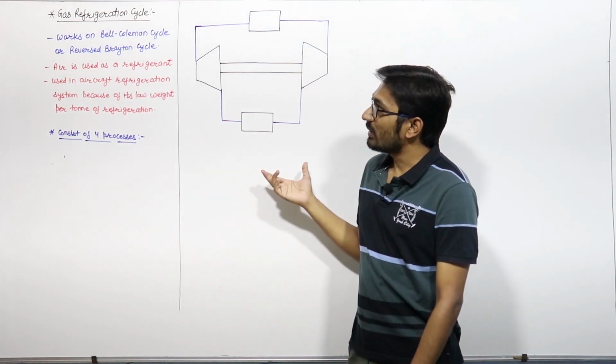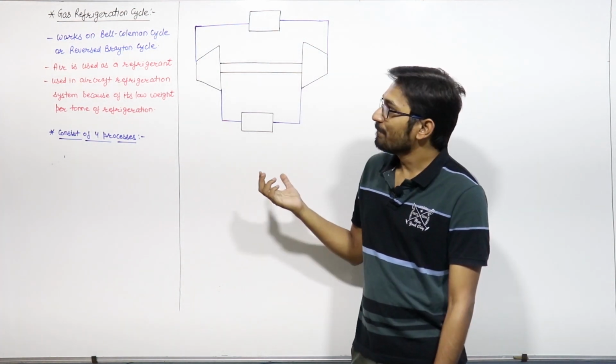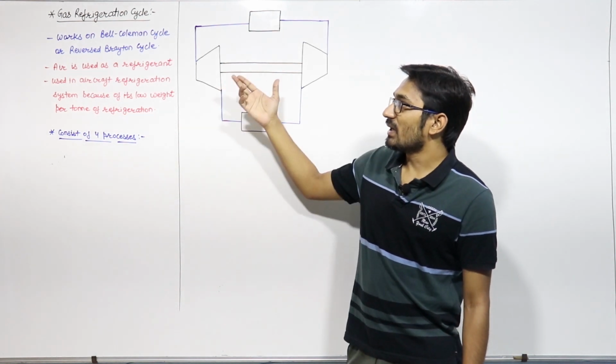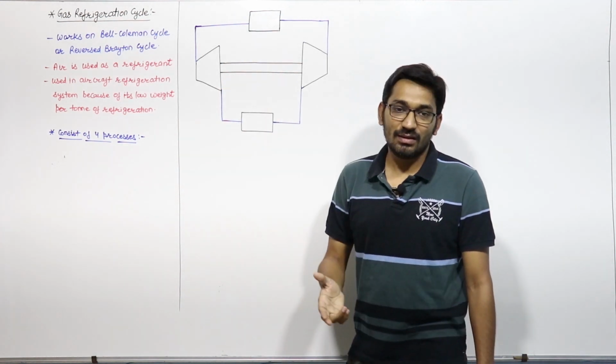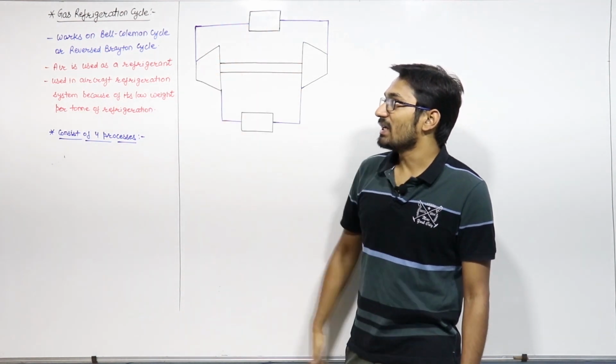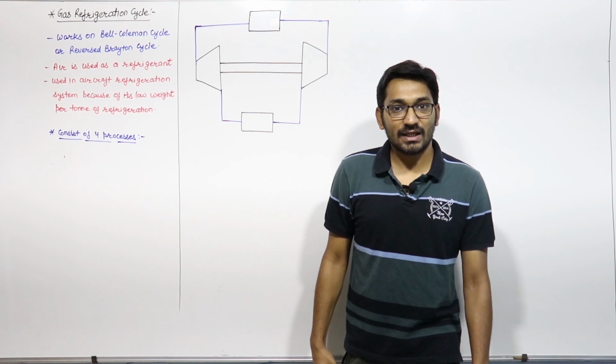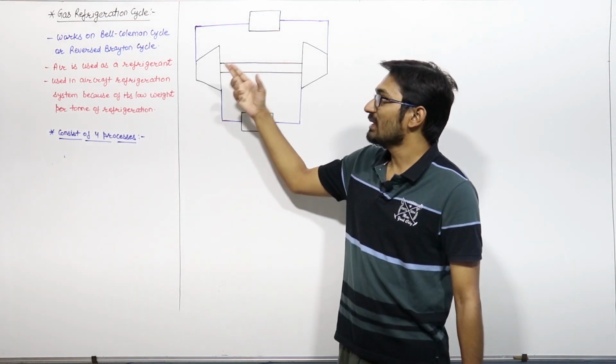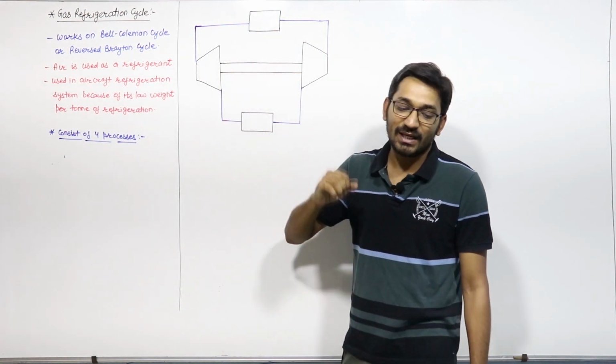And if we talk about the gas refrigeration cycle, it works on the Bell-Coleman cycle, named after a scientist, or we can say that it is a reversed Brayton cycle.